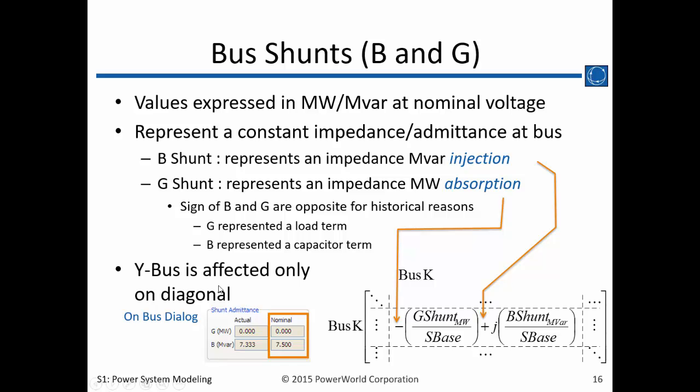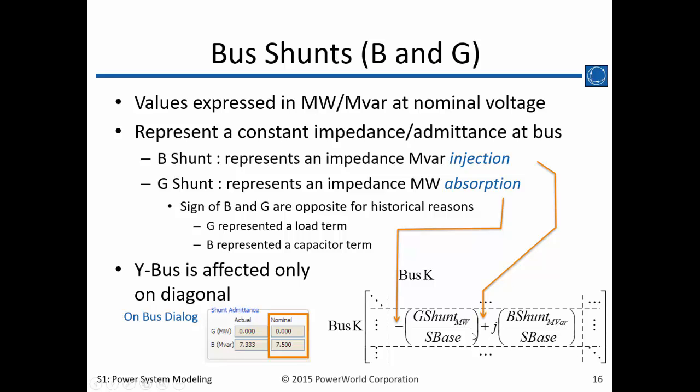The Y bus is affected only on the diagonal element, so only the K column and K row; this is the diagonal of the n by n matrix for bus K, and only on the diagonal do the G and B shunt factor in, because it is attached directly to the bus at bus K. The off-diagonal terms of the admittance matrix represent the transfer from bus A to bus B, or bus J to bus K, however you want to look at it.